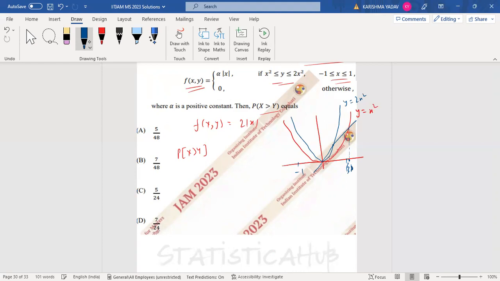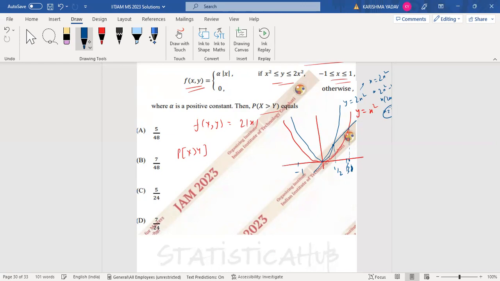If x equals y, then x equals 2x square, that is 2x square minus x equals 0, so x times (2x minus 1) equals 0. So it is cutting at x equals, not 2, 1 by 2. So this is 1 by 2 and this is 1. Just put the values and you will get your result. This is cutting out at 1, and this is cutting out at 1 by 2, because this is 2x.